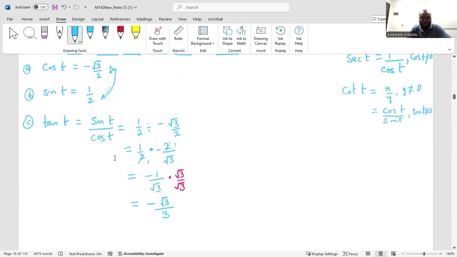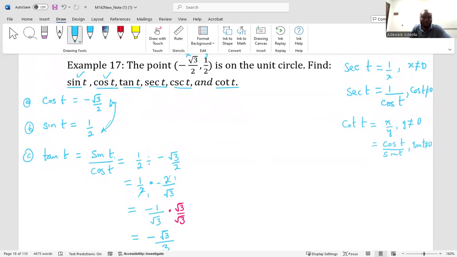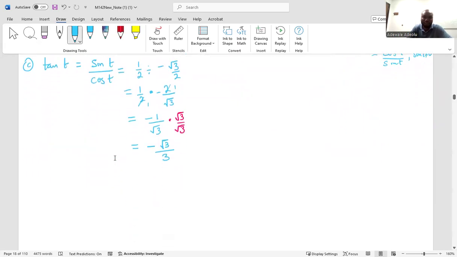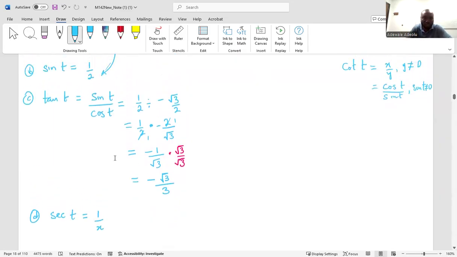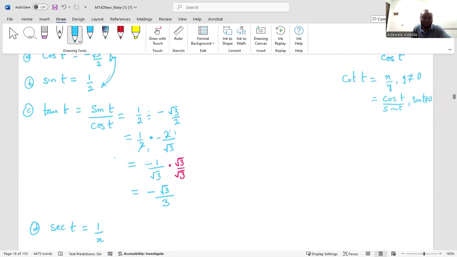The next one is secant. So we are done with this. Secant of t, which is 1 over x. Oh, there is one thing I should put here. Cosine of t cannot be 0.